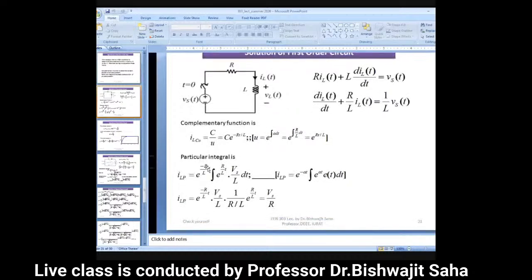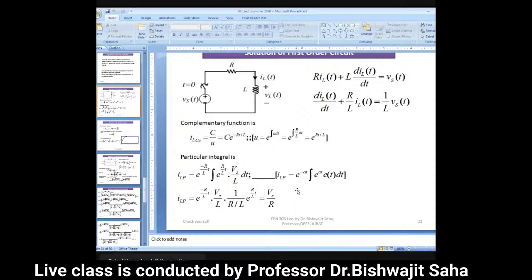Here, the C by U, and it's A. How did A come? A0 becomes R by L. Understand? Yes, sir. Just change the A0 value, then you get this complementary function. Clear? Yes, sir. Any more questions? No more questions, sir.